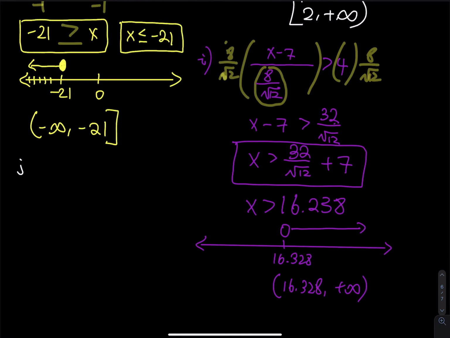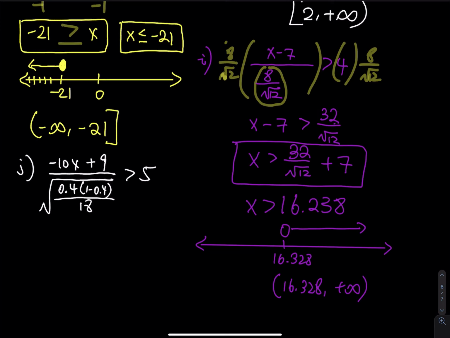So J, that is negative 10x plus 9 divided by the square root of 0.4 times (1 minus 0.4) divided by 18, greater than 5. So first you have to take the 5 and multiply by the big square root.